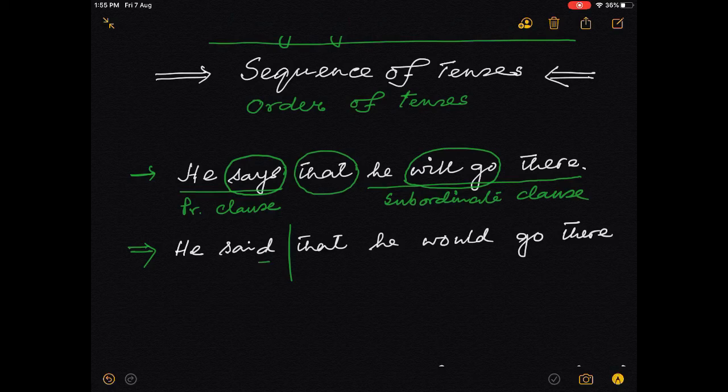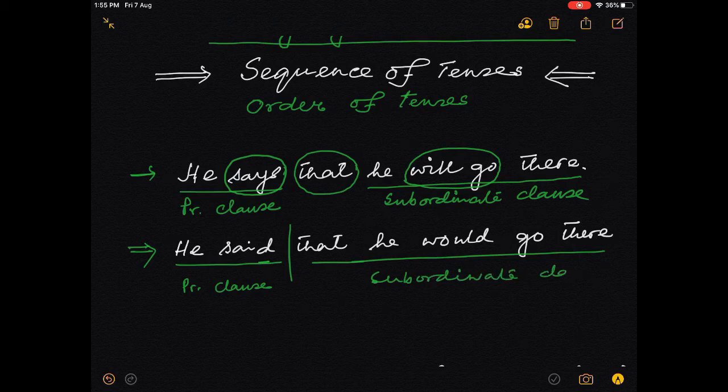Here he said is the principal clause, and this one is the subordinate clause, and this is one verb, and this is another verb.